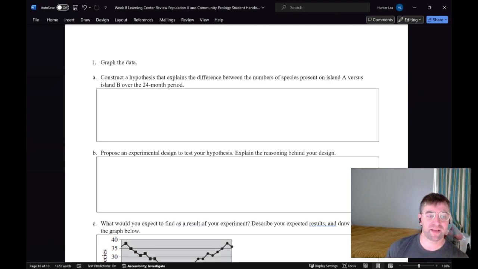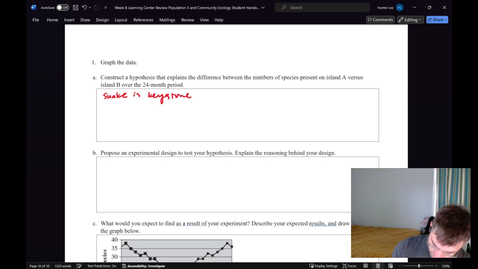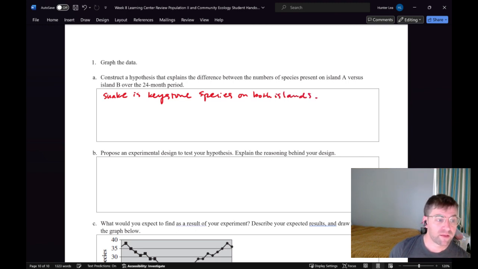So one reasonable hypothesis would be that the snake is that keystone species on both islands. When it was removed from Island A, another competitor or a predator dominated and drove many other species on the island to extinction.